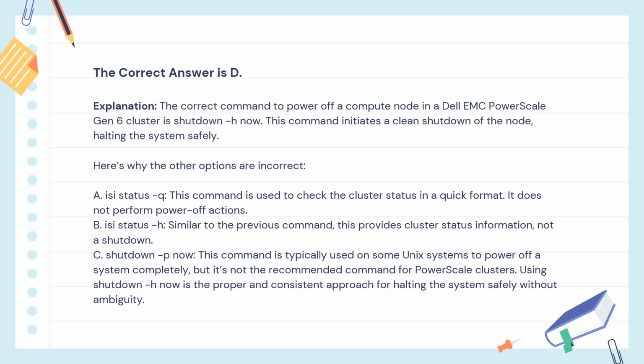C. shutdown -p now. This command is typically used on some Unix systems to power off a system completely, but it's not the recommended command for PowerScale clusters. Using shutdown -h now is the proper and consistent approach for halting the system safely without ambiguity.